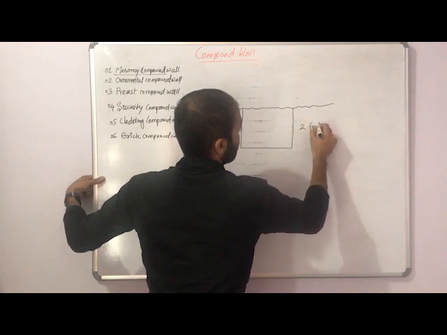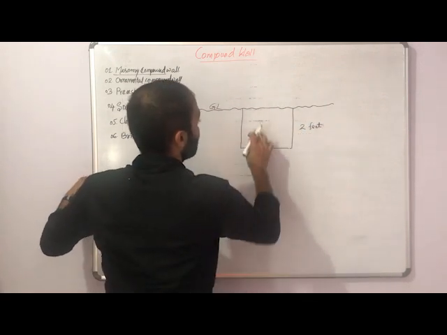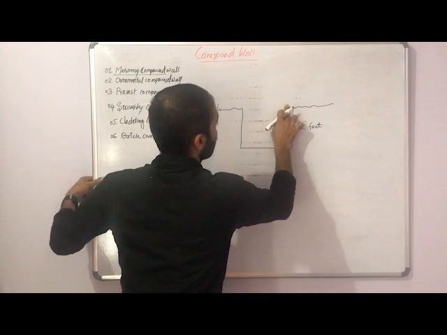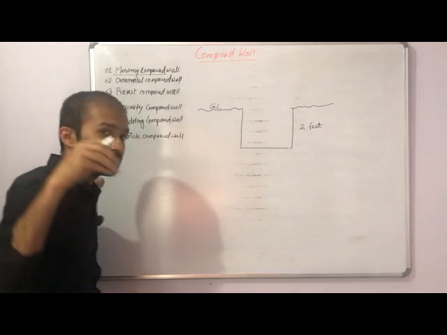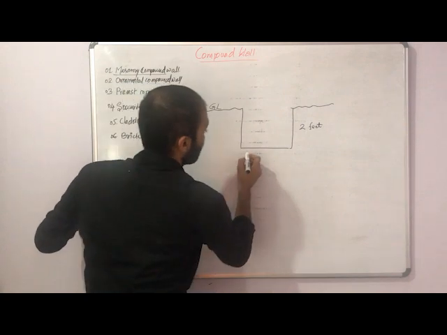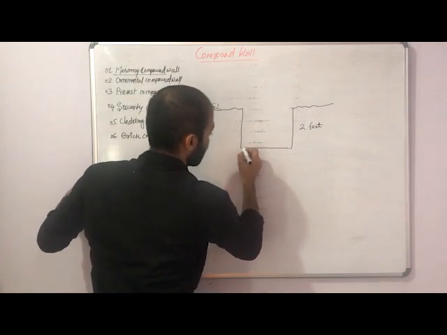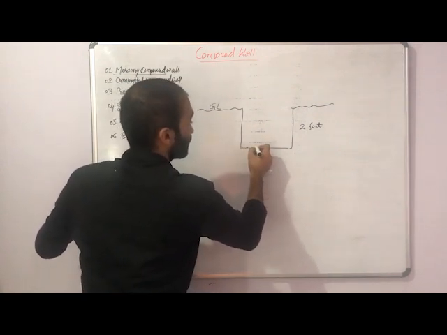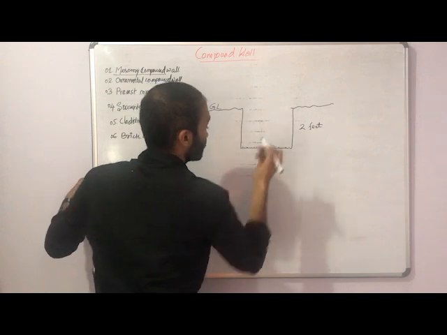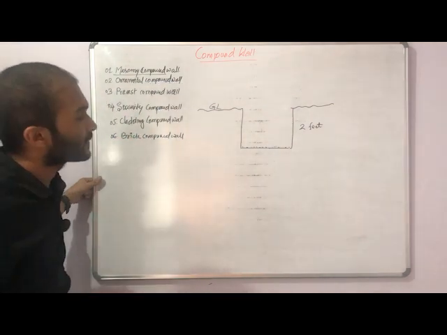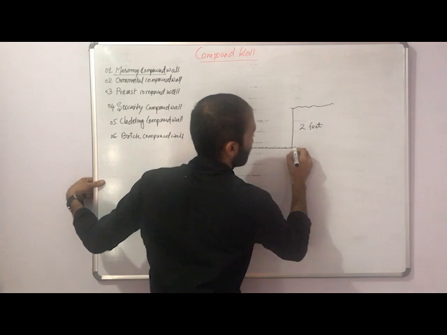Because we are going deeper into the soil, we are making the soil looser. When the excavation goes up to here, the soil becomes loose. So at that stage, we need to do the compaction.